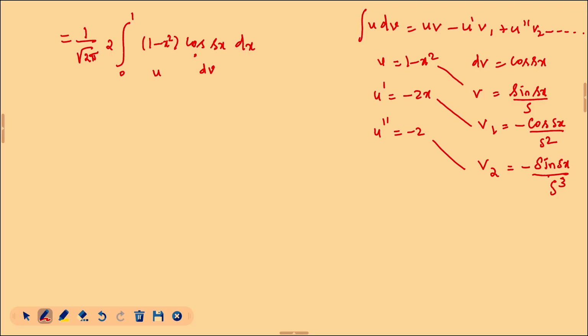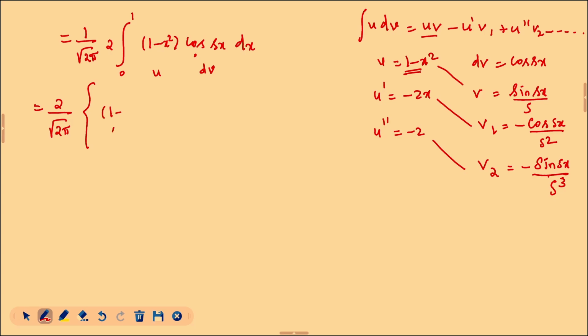So, integration is done. Now, substitute the values here. So, 2 by square root of 2 pi. The formula says it is uv, where u is 1 minus x squared and v is sin sx by s.